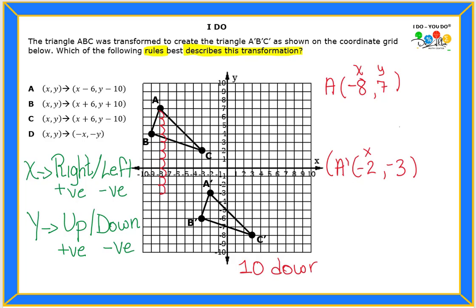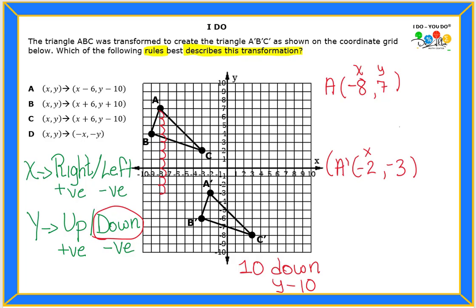Now think about it. If you're going down, what is that going to affect? The X or the Y? So just come back to the left side and identify where it says down. It's going to affect the Y. And it says negative, so therefore, this movement will be Y -10.